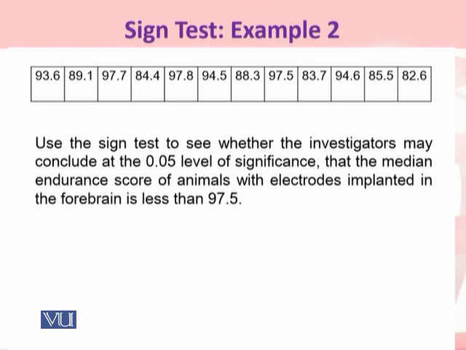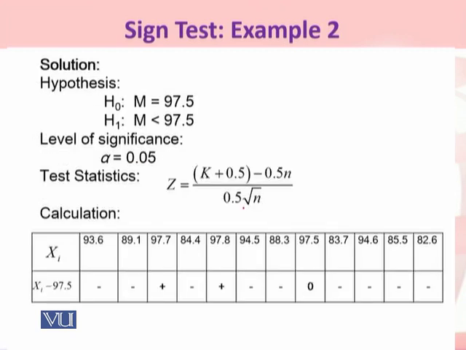So students, here our alpha is 0.05 and the population median we need to test, that means our hypothesis is of type less than 97.5. That means we are going to test a hypothesis about the population median which is directional in nature. So let us first talk about the hypothesis procedure for testing this particular type of hypothesis.